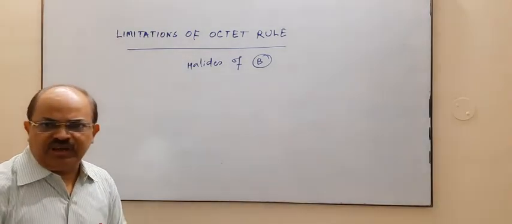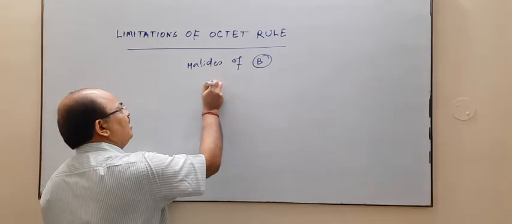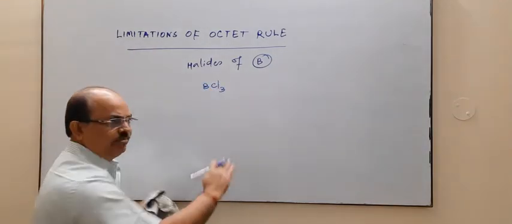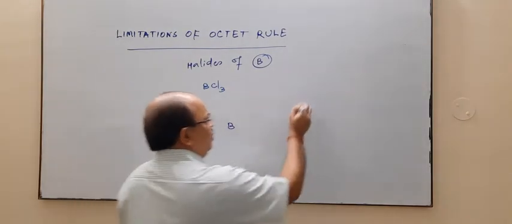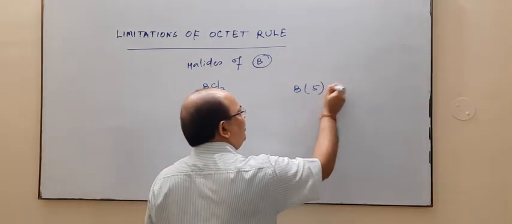If we consider boron trichloride, the formula is BCl3. The central element is boron. You know the atomic number of boron is 5.